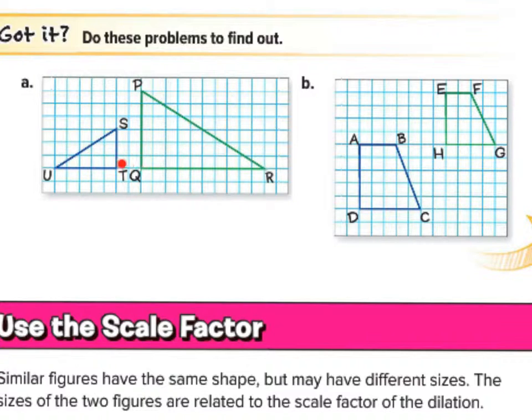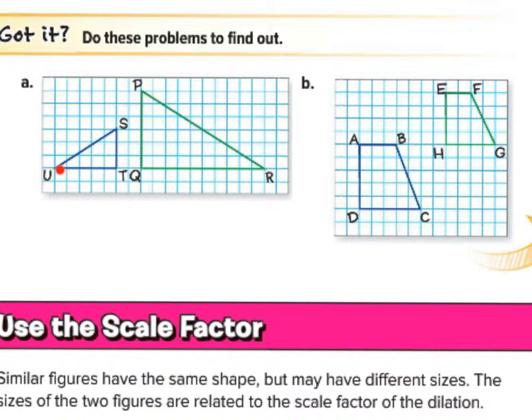Let's see here. On this side, line ST would become line PQ after the transformation. Line ST has 1, 2, 3 squares. Line PQ has 1, 2, 3, 4, 5, 6. So it looks like it doubled. Let's see if this rule applies to our baseline.